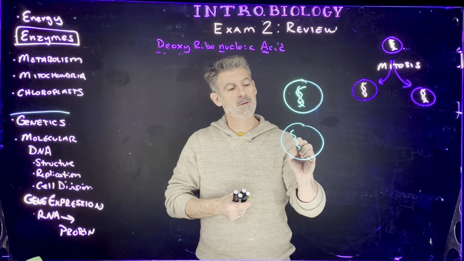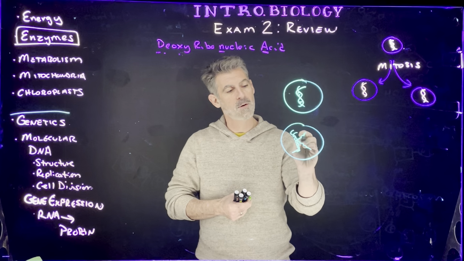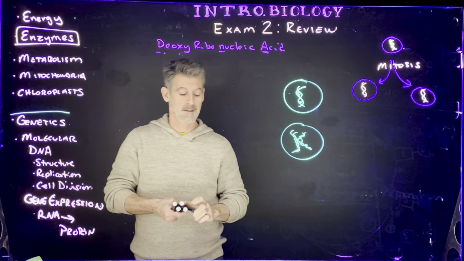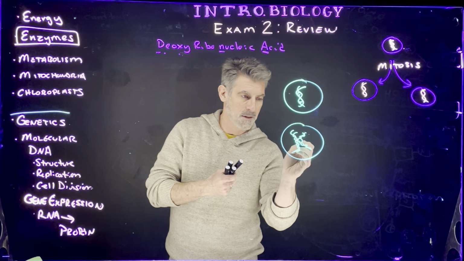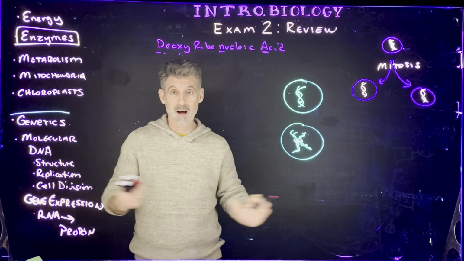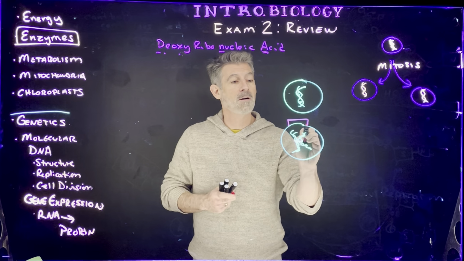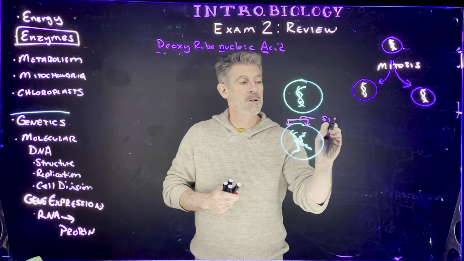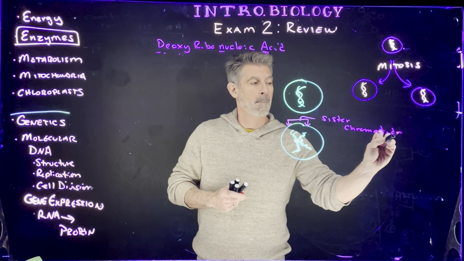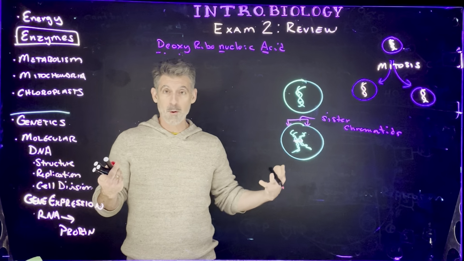The one double-stranded DNA is essentially joined to the other double-stranded DNA. There are proteins that actually connect the two after DNA replication. They're not separate. They're actually held together, right? And they're called sister chromatids. And then the process of mitosis will eventually pull those apart.